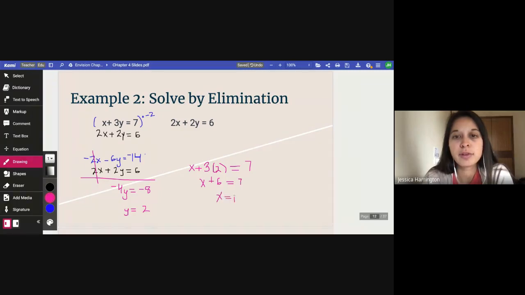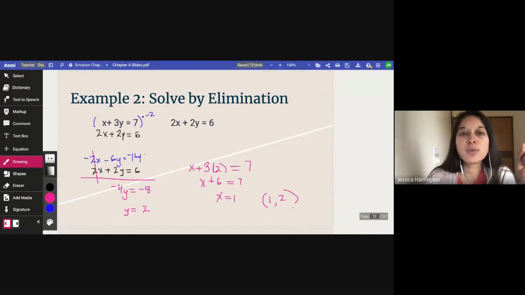So my solution is 1, 2. So there's really only one extra step here, which was to make my equations have one variable eliminated, I could use a multiplication factor of -2. So sometimes you can do that. You can see this pattern, go, ooh, that'll be easy to fix.